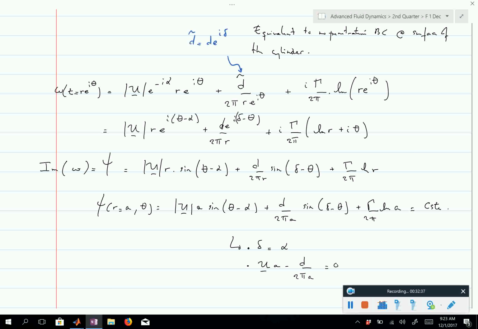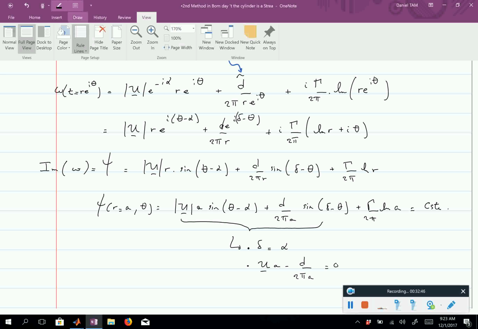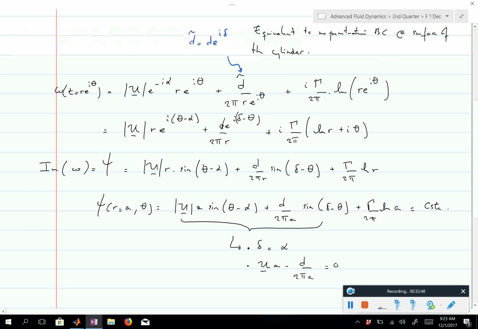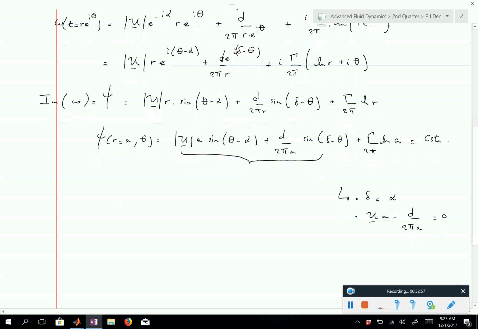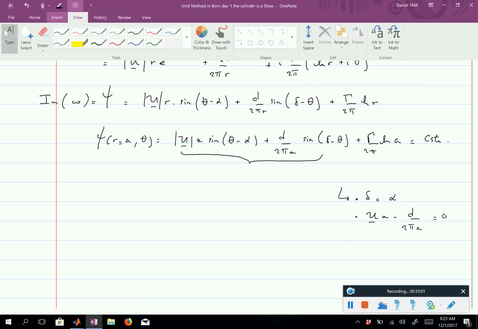So for this to be equal to a constant, that whole part here needs to be equal to 0. This has to be equal to 0. So how do you write that? So let me do this again.